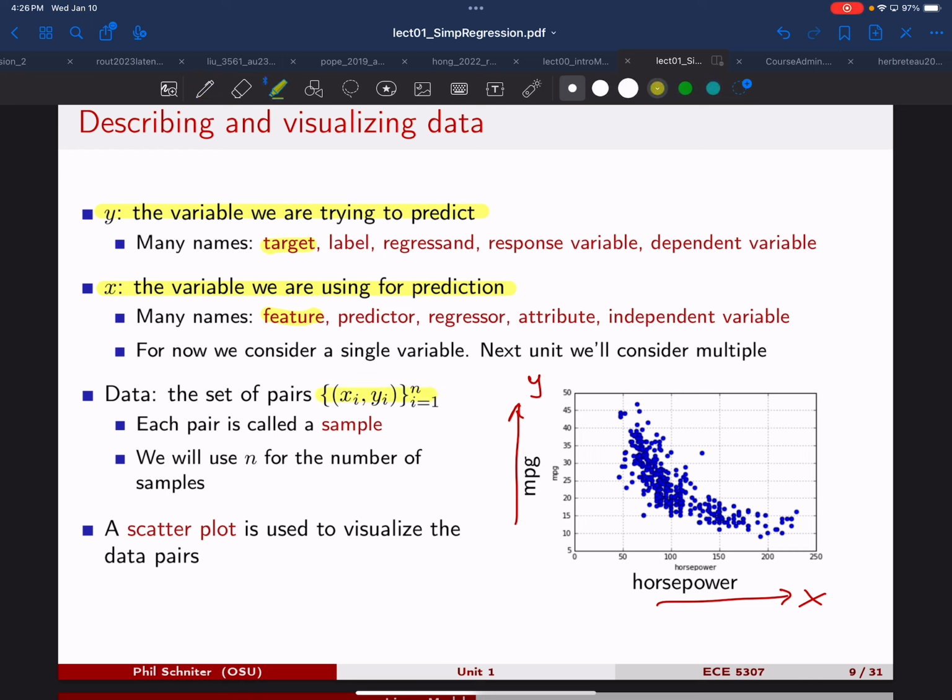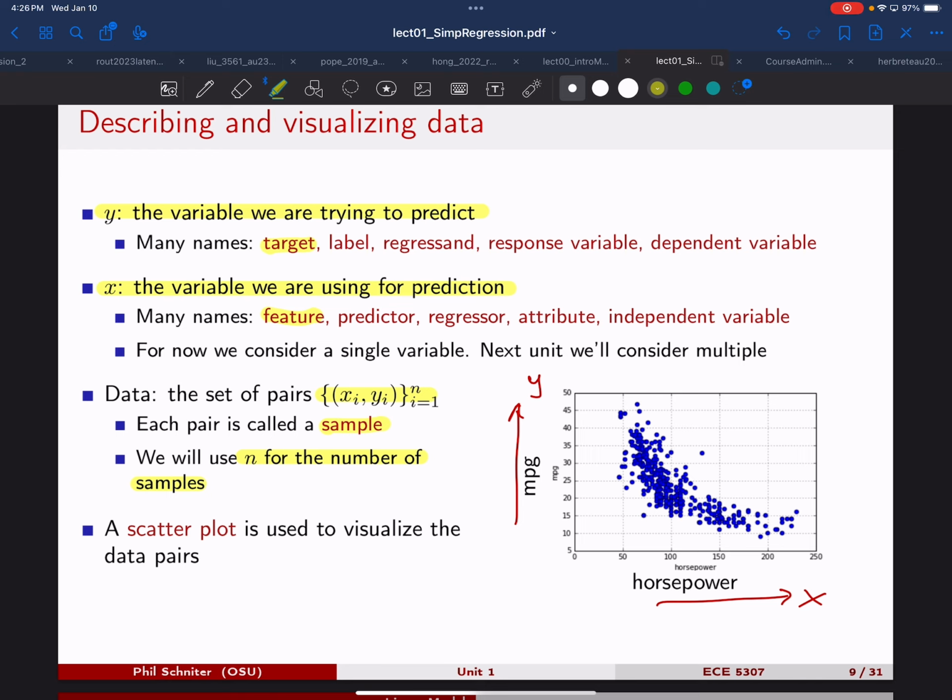We are always going to use the subscript i to index through our data set, and we're always going to use the little n variable to say how many samples we have in our data set. So x_i, y_i is a pair that defines one of these dots, and in total there are going to be n of these dots. Those pairs are called samples, so we have n samples in our data set.